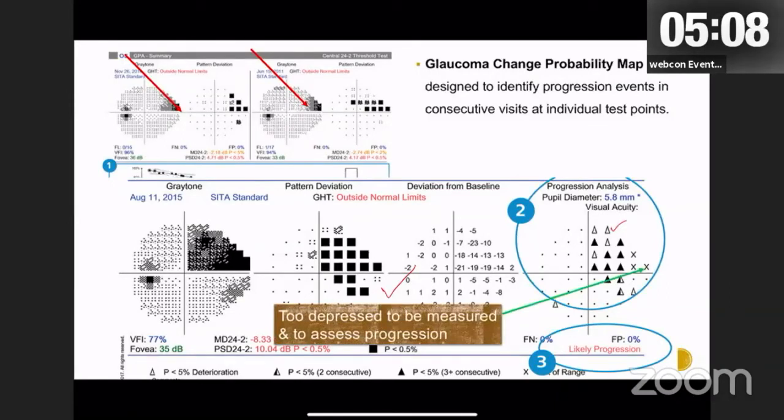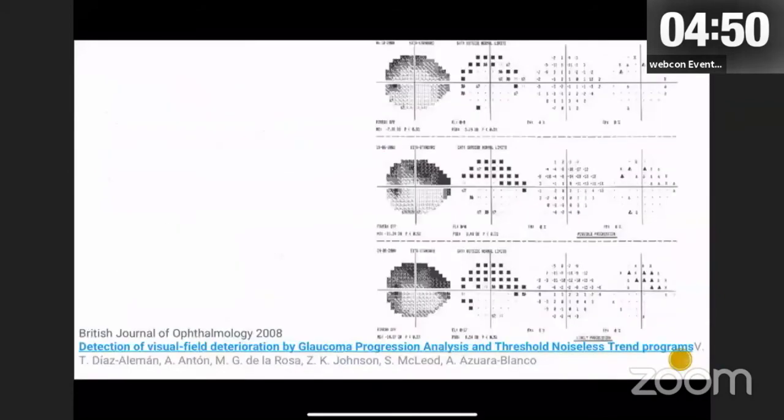Now, sometimes there are these crossed marks, which are points too depressed to be measured or to assess progression. Another important thing is they also give you a message of likelihood of progression, which you can use for your clinical assessment of the patients.